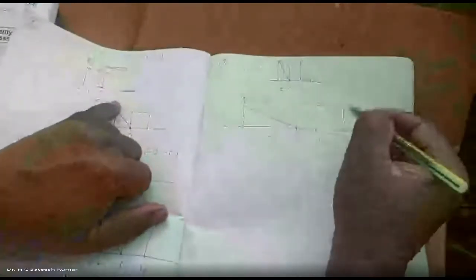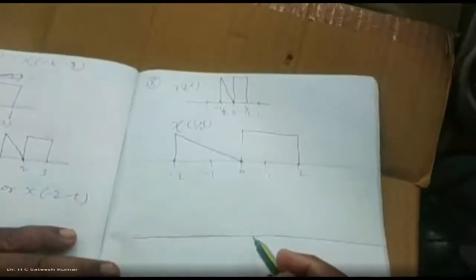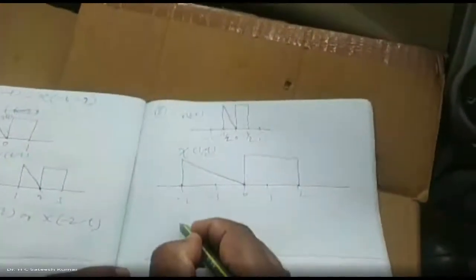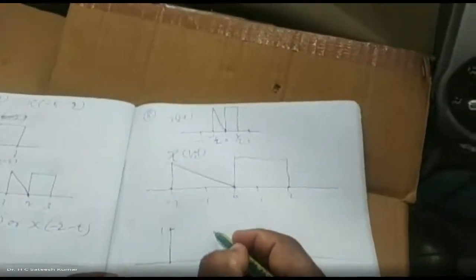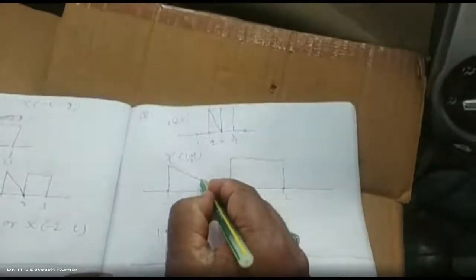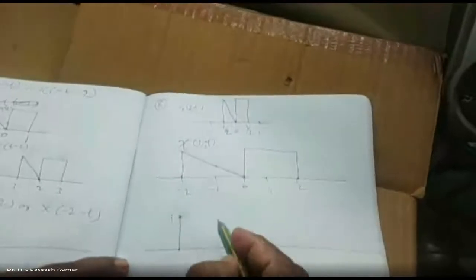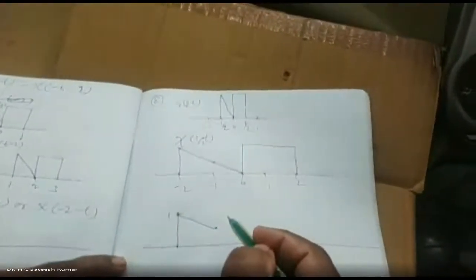Add these two. That is very interesting. Observe carefully. Okay, right. 0 plus something, something. So write it as it is. Amplitude will remain the same, 1, up to this point. By the time it reaches here, this is 1. To reach 0, it has to decrease by 1 unit. Halfway it is going to decrease by half, so here the amplitude will be half.